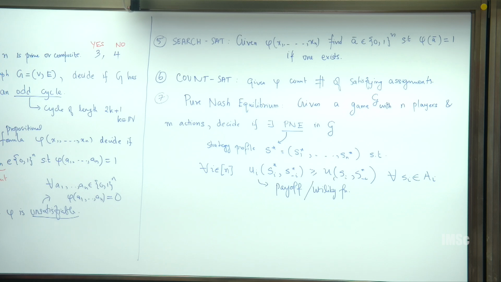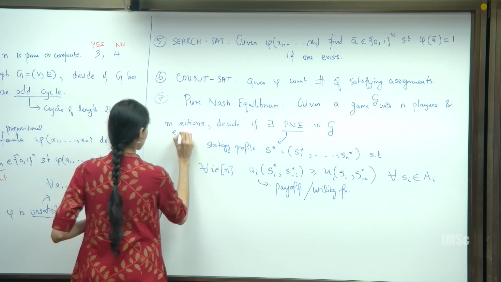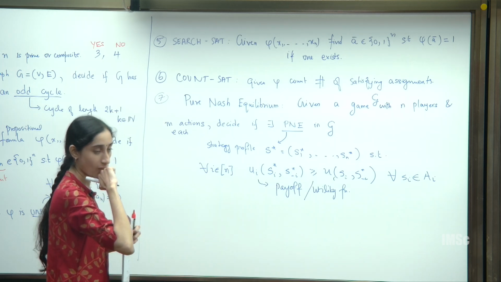Total number of actions? Yes, each player has m actions. No, then we would be considering only symmetric games. So maybe I'll put all possible. It's understood. I'm not talking about symmetric games here.